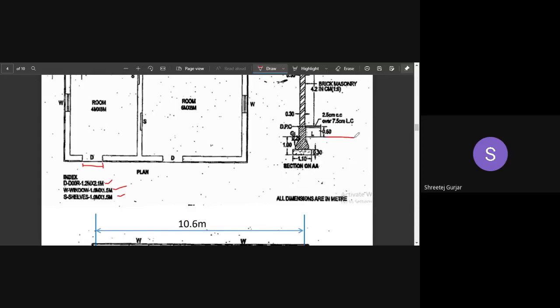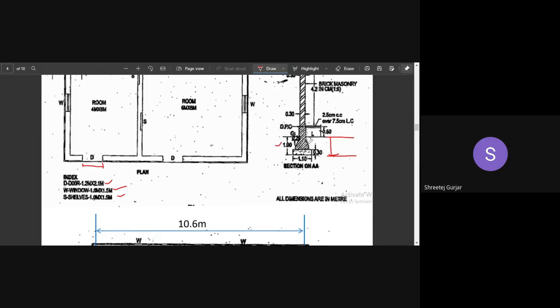From the ground level, you can see the depth of the excavation that is required is 1 meter, the depth from the ground level to your foundation level. This is your foundation level, this is your ground level. Excavation that is required is 1 meter in depth. Then this is your PCC bed. The width of the PCC bed is 1.1 meter, and the depth of the PCC bed is 0.3.